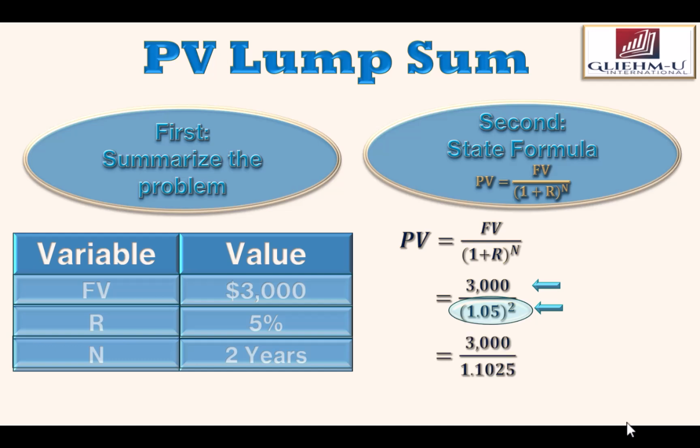We find that 1.05 squared is equal to 1.1025. There it is right there, 1.1025. So to solve, we simply say 3,000 divided by 1.1025, and we end up with an answer of $2,721.09.